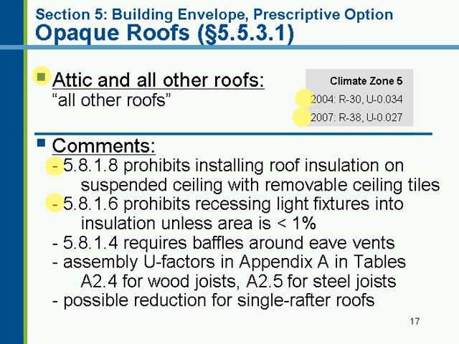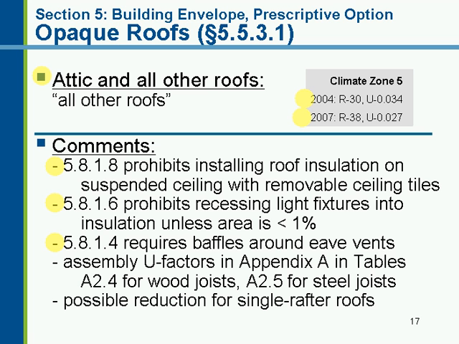Another mandatory provision, 5.8.1.4, requires baffles around the eave vents. So if you are blowing in attic insulation, you need to maintain the ventilation there, so have some baffles around the eave vents.